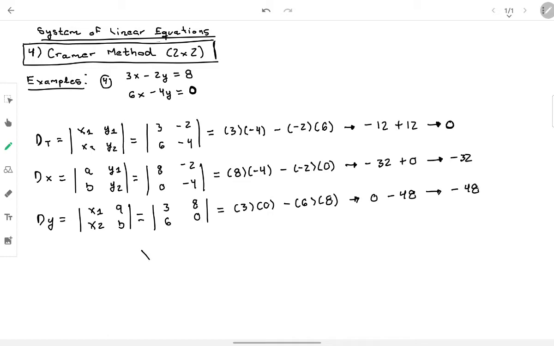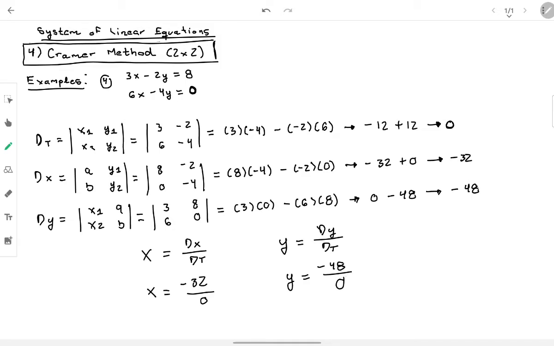So remember, to obtain the value of x, it's going to be the determinant of x divided by the determinant of the whole system. And to determine the value of y, it's going to be the determinant of y divided by the determinant of the whole system. So for x, it's going to be -32 divided by 0, and for y, it's going to be -48 divided by 0.